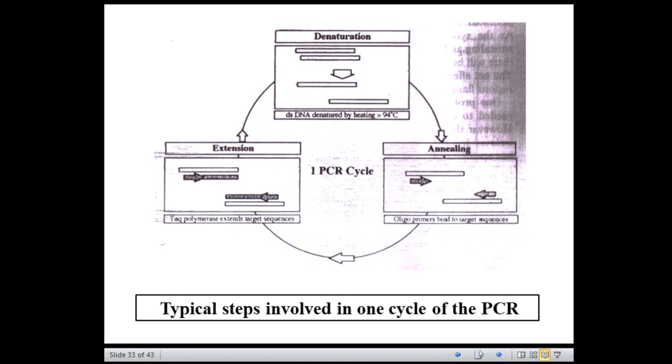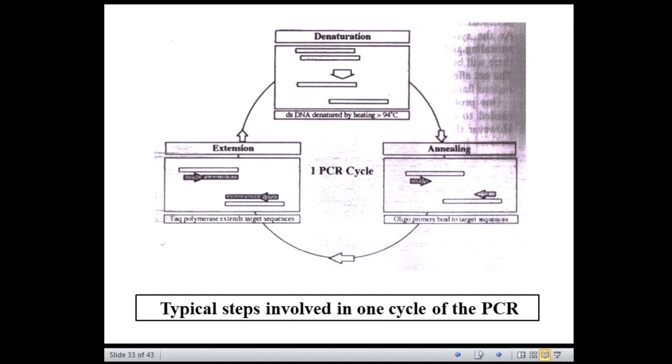If the reactions are not optimized, that may give rise to other DNA products in addition to the specific target, or may not produce any amplified products at all. So the first critical point is the magnesium. The second critical point is the precise temperature for each PCR reaction or step.